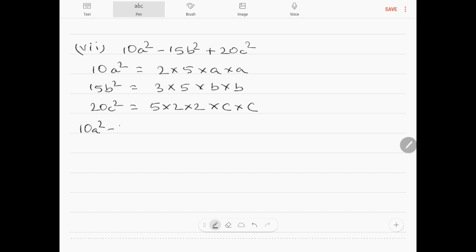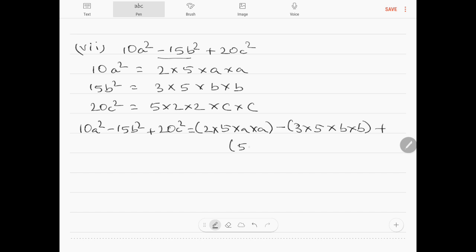So 10a square minus 15b square plus 20c square is 2 into 5 into a into a minus 3 into 5 into b into b plus 5 into 2 into 2 into c into c, just substituting.